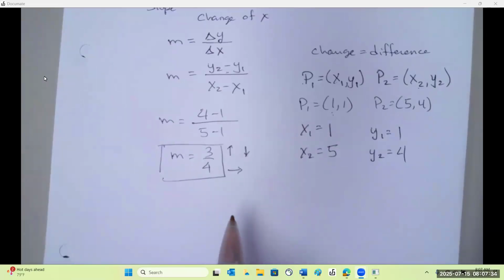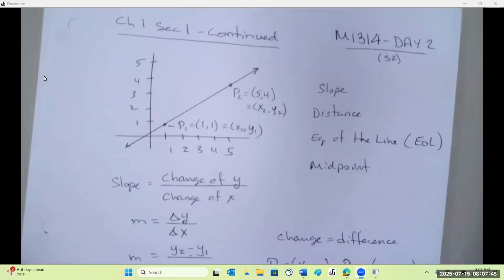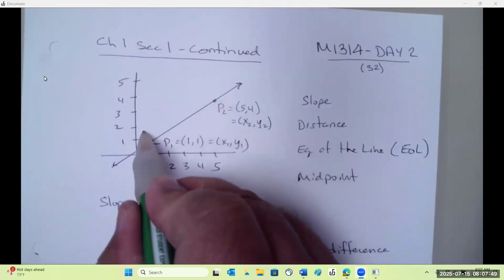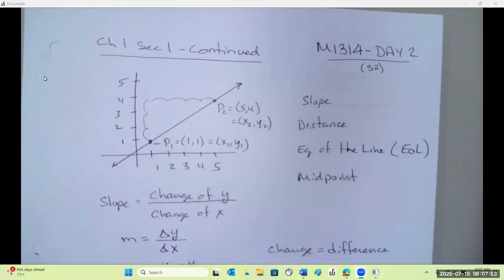Think of it like time. You can never go back in time. So the bottom number always goes to the right. What this is telling us is from our first point to get to the second point, I go up 3. Then I go over 4. And no matter which direction you go, it'll be the same information.